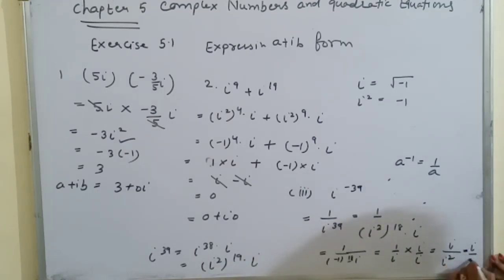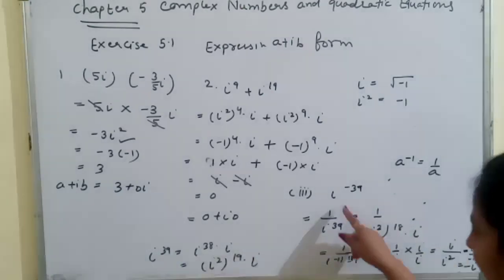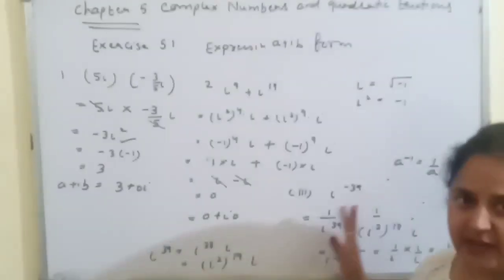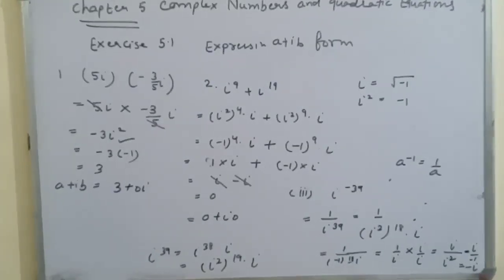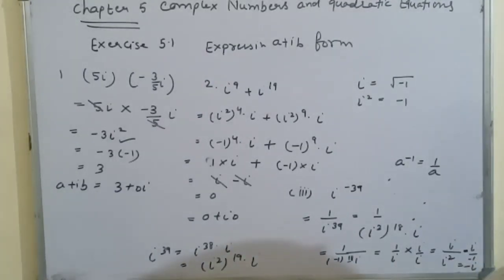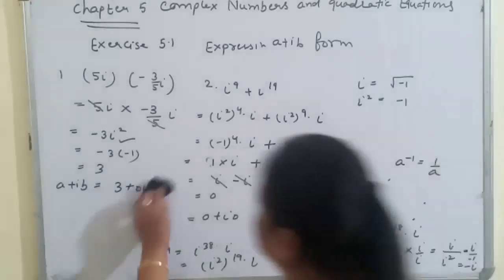Iota square is minus 1, so the result is minus iota. So iota power minus 39 gives the result minus iota. This is the way in which we can solve the different situations having different values with iota. Let's see the fourth question.